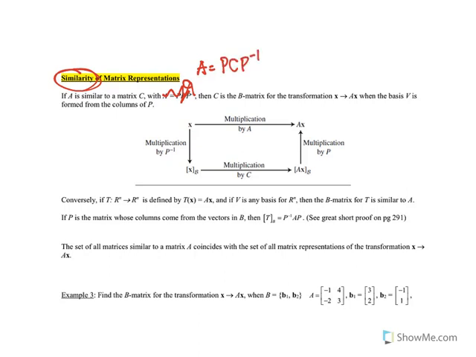Okay, we can still use C as the B matrix for this transformation. Okay, and we can still use a basis of the vector space as the columns of P. Okay, and actually this is going to work for any matrix we can say is similar to A.